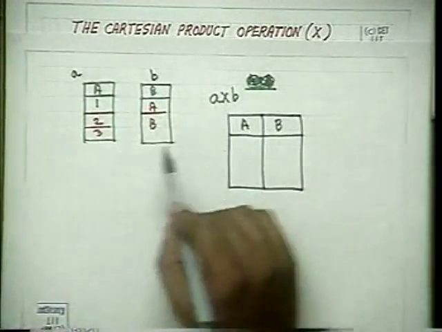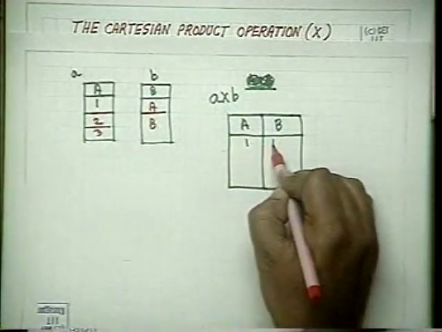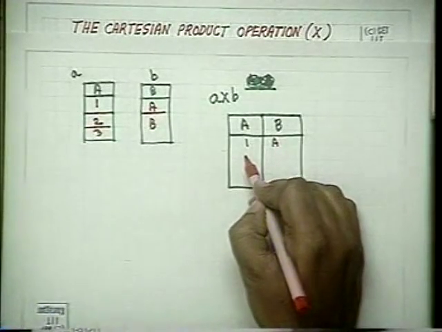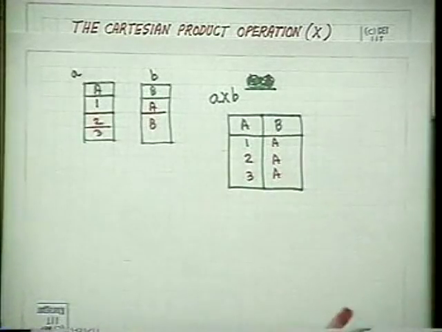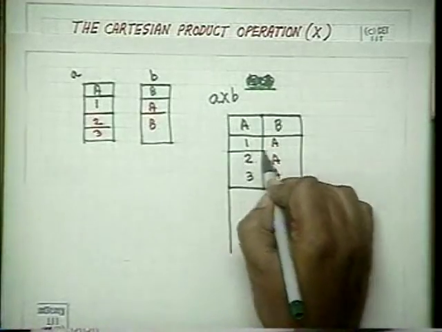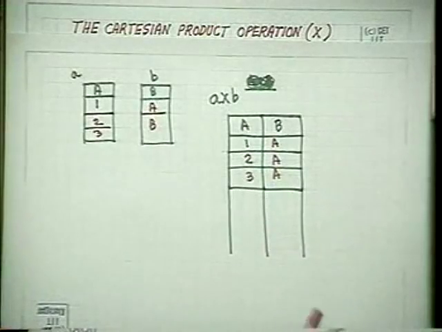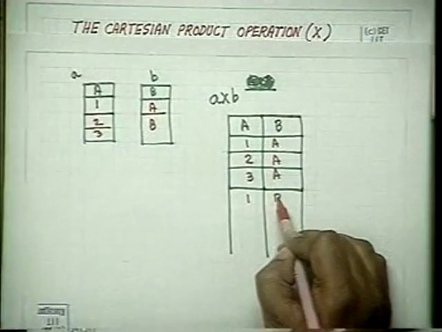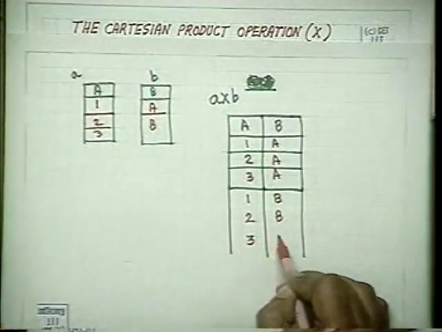And the tuples here will be all possible combinations, and the combinations in this case will be 1a, 2a, 3a, 1b, 2b, 3b.